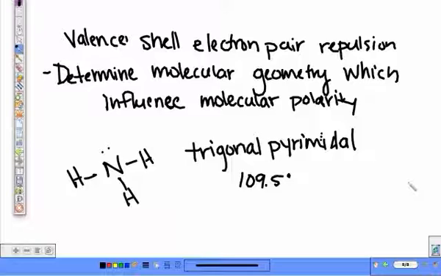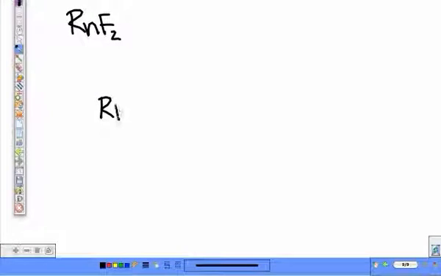The other class made up one. We knew that one. It was RnF2. I don't think this would really form in nature, but we can draw a Lewis structure for it. So radon has how many valence electrons? I don't know. 8.